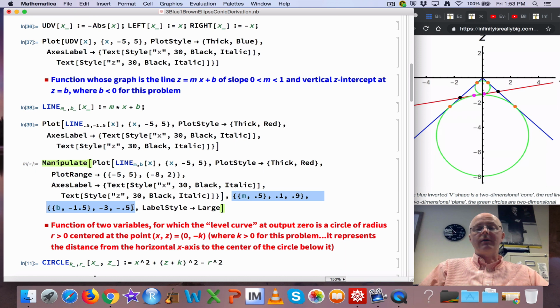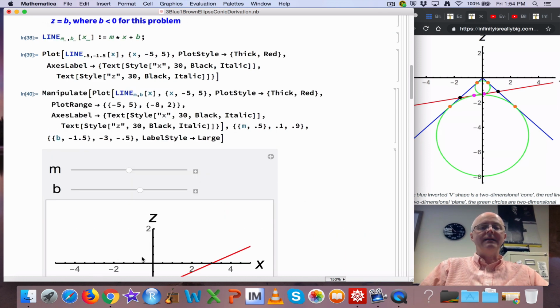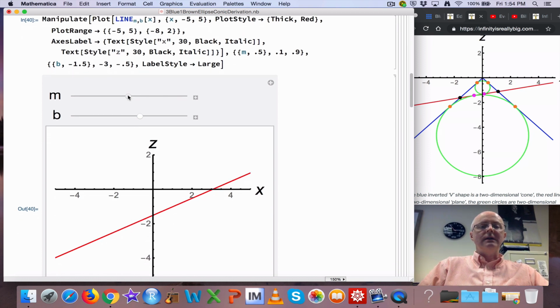M is going to start out at a value of 0.5 and can vary as low as 0.1 and as high as 0.9. B starts at a value of negative 1.5 and can vary as low as negative 3 and as high as negative 0.5. So this again will make dynamic content that you can move the sliders to change what happens.